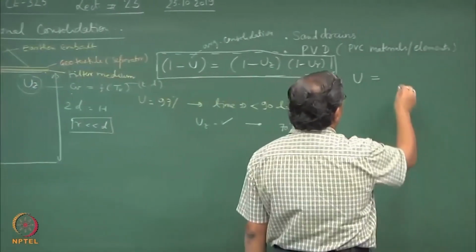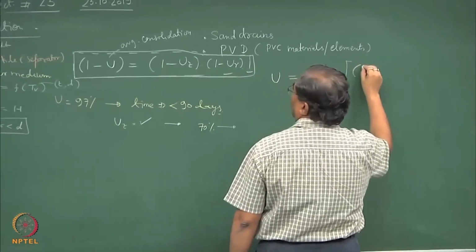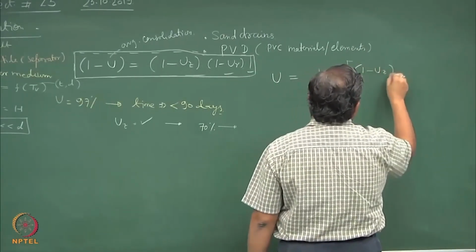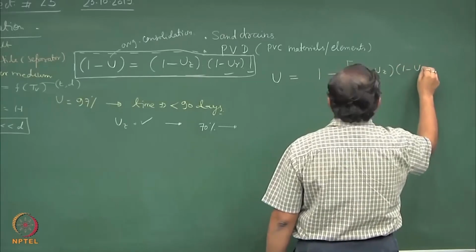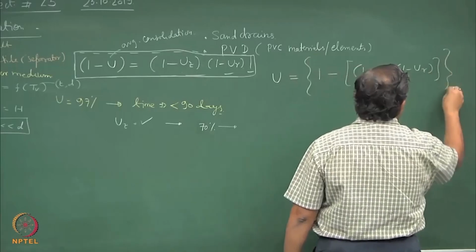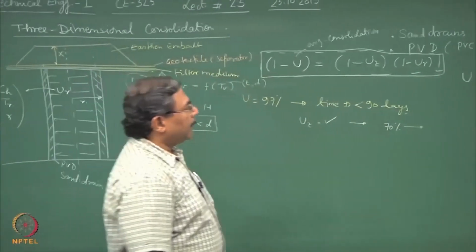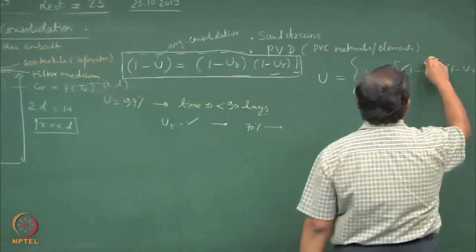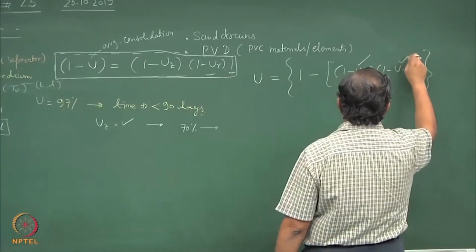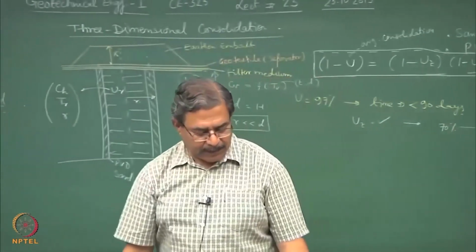So, I can write this as 1 minus UZ, 1 minus UR. UZ can be obtained easily by using the vertical consolidation concept. UR I will tell you how to obtain. Is this part okay?